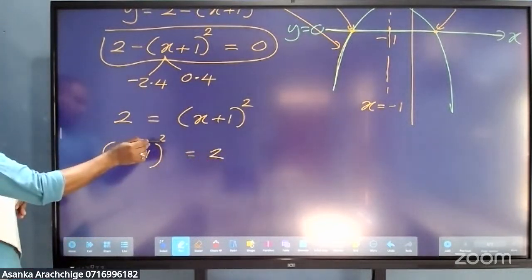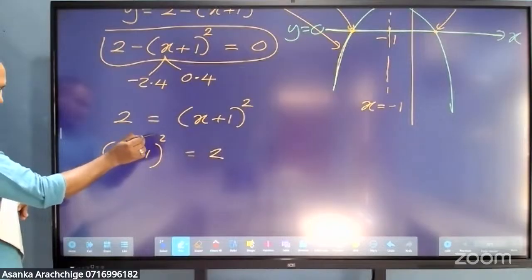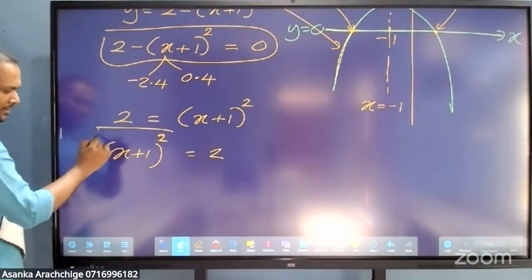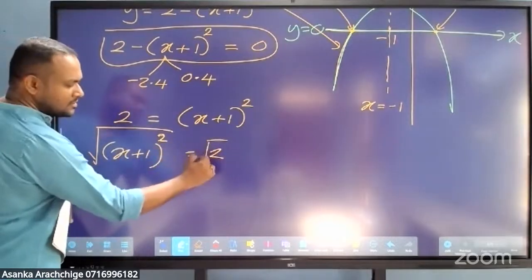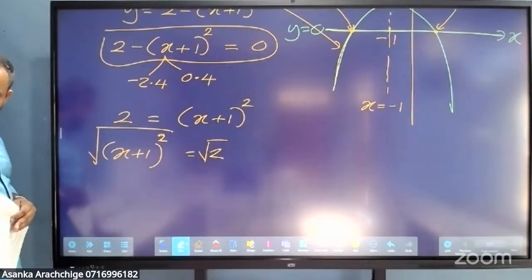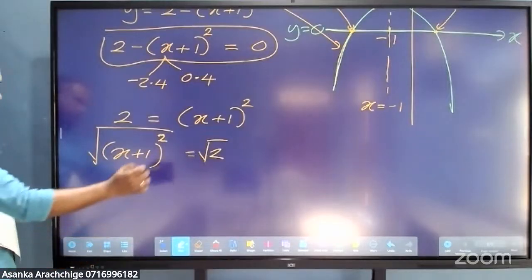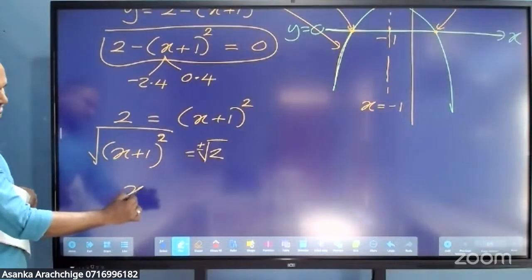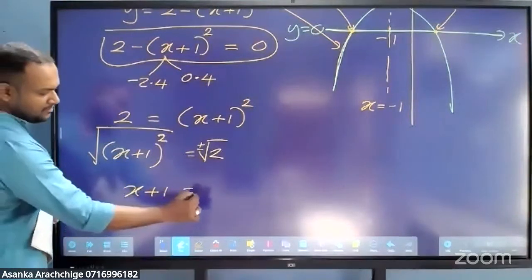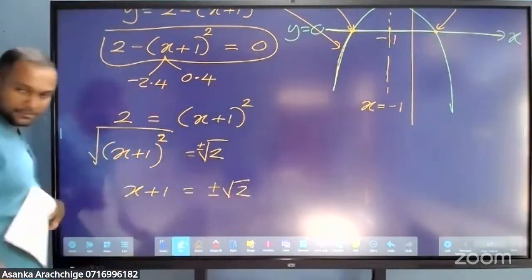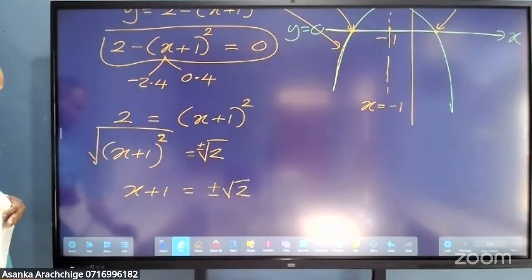Then to remove this square, that means to remove this index 2, take the square root of both sides. It can be plus or minus. Understood? Then x plus 1 is equal to plus or minus the square root of 2. Understood?